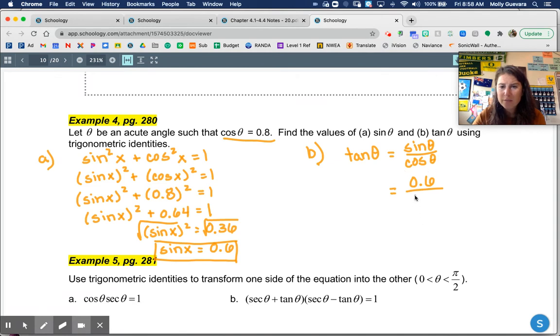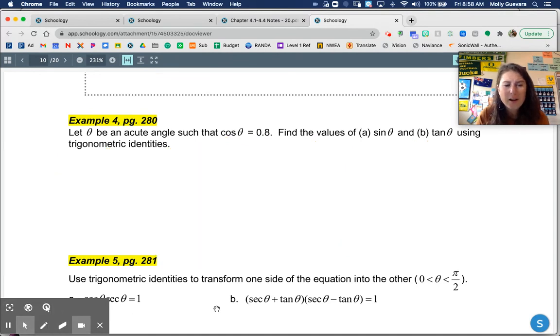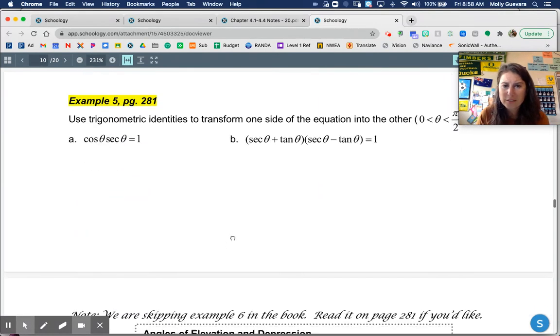My cosine of theta I was given, and that's 0.8. And if I get that into fraction form, I get that tangent is 3/4. And that's it. So just using our trig functions to be able to find values here.